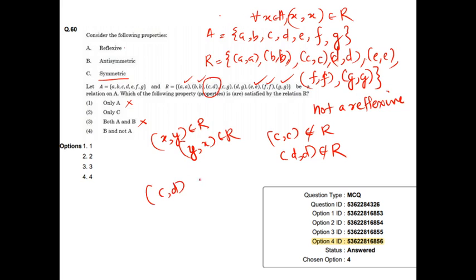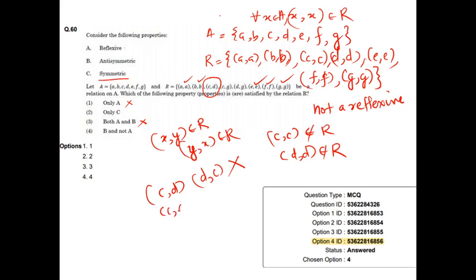If there is CD, there should be DC present. Is that the case? No. CD is there but no DC. So the first case is violated.